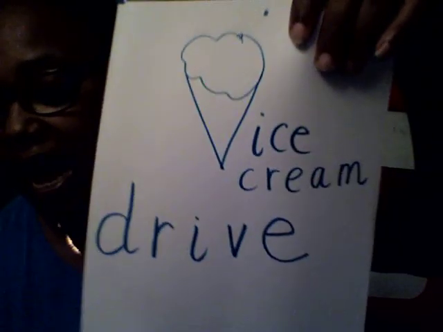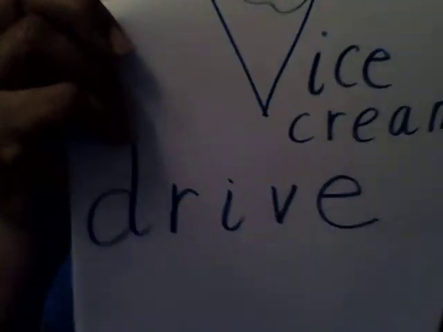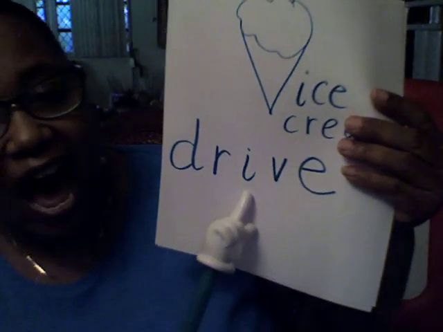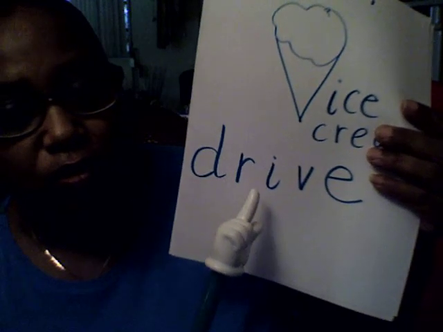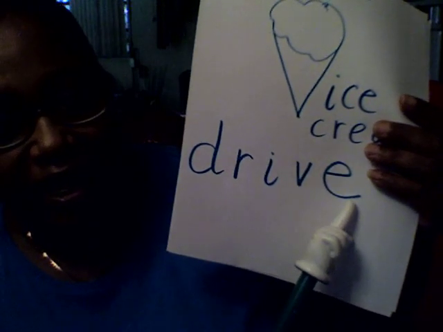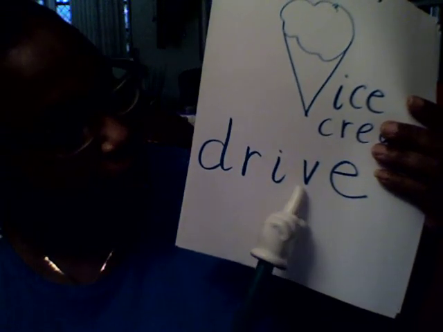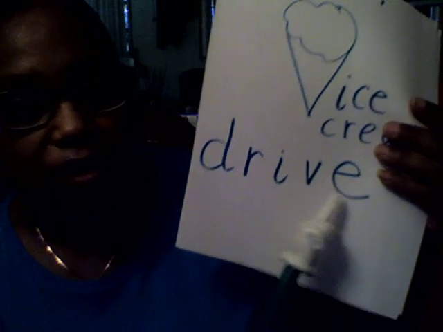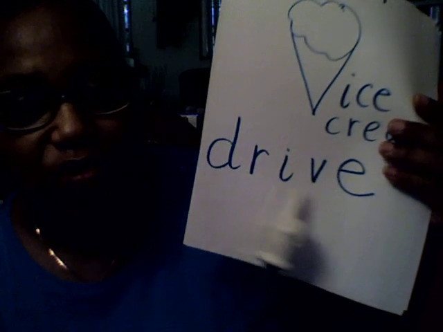Ice cream. Now look at my word here with I. This word says drive. And you know our DR blend, dr. So we already know that sound. So here we have drive. And remember the rule. If it ends in E, the E is silent, and a consonant is behind the vowel, it says its name. Drive. You see the I as in ice cream?